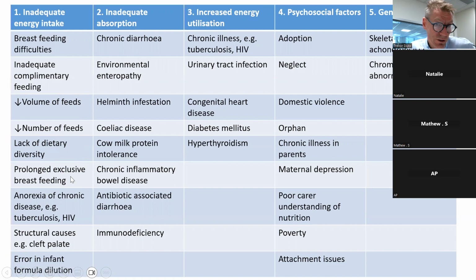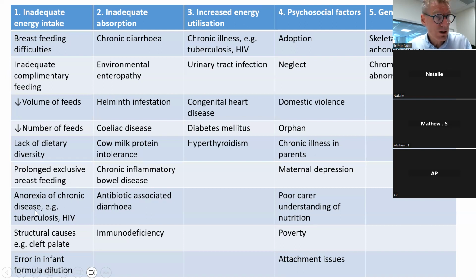Sometimes there's prolonged exclusive breastfeeding. So instead of introducing good quality complementary feeding at 6 months, there can be exclusive breastfeeding beyond 6 months and no other solids introduced, and that can lead to failure to thrive.